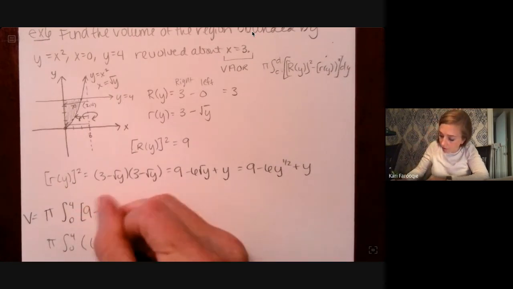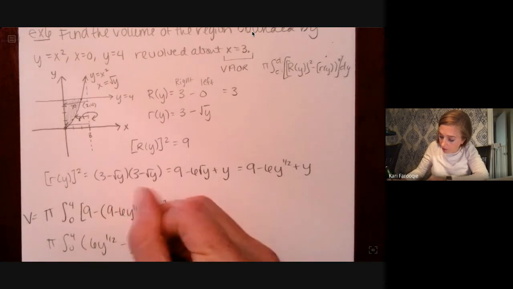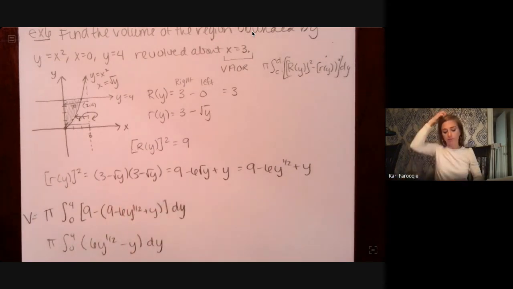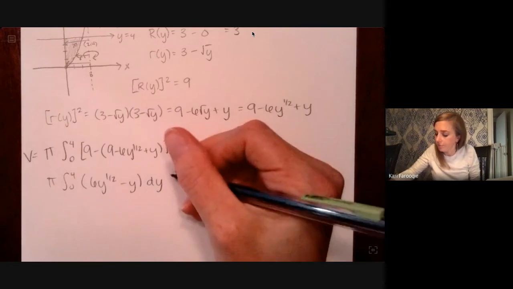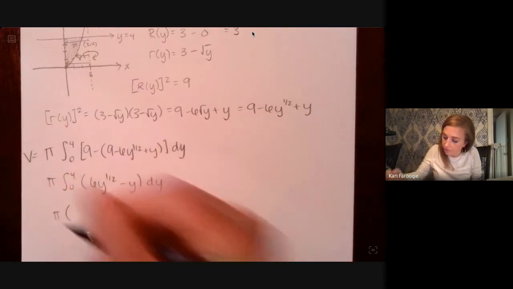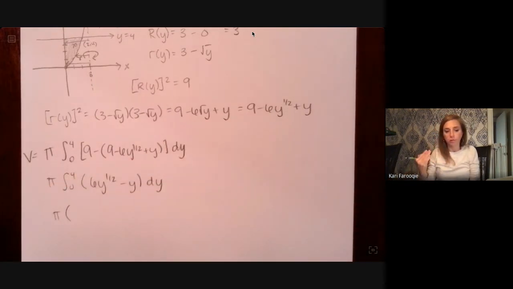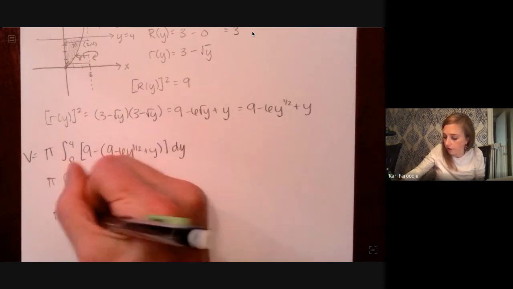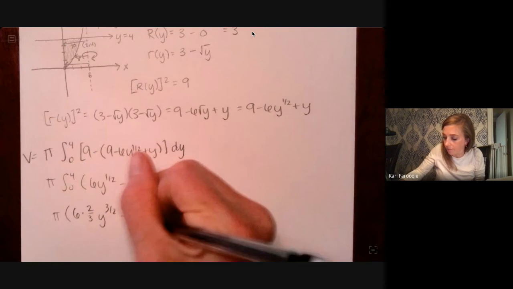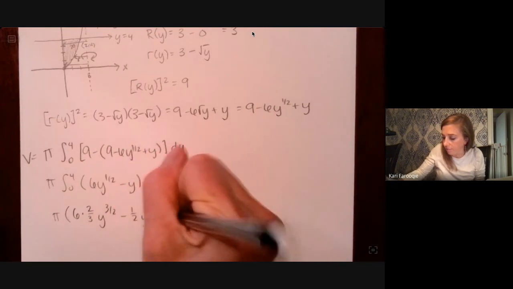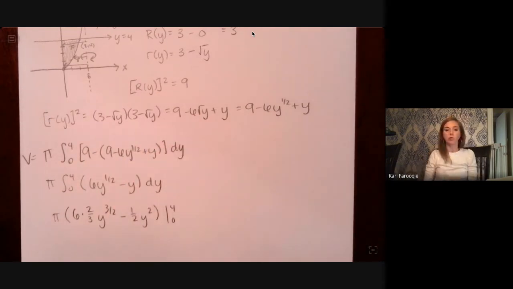Then we'll have 6y to the half minus y dy. And then we'll integrate. So 1/2 plus 1 is 3/2. Divide by 3/2, and you multiply by 2/3. Increase the exponent by 1, divide by the new exponent.